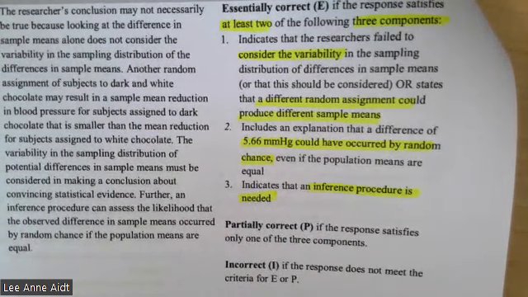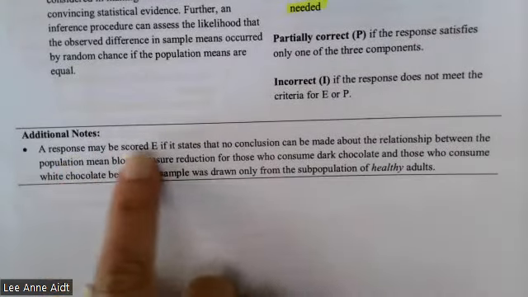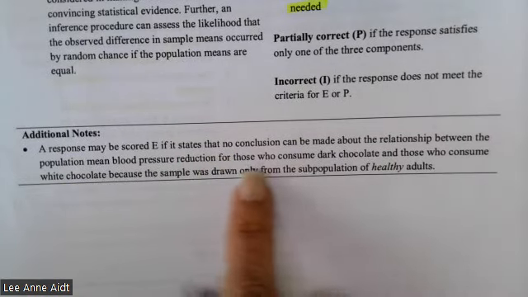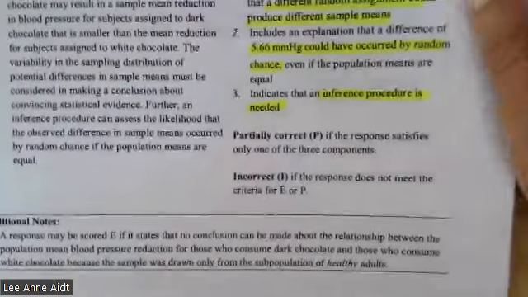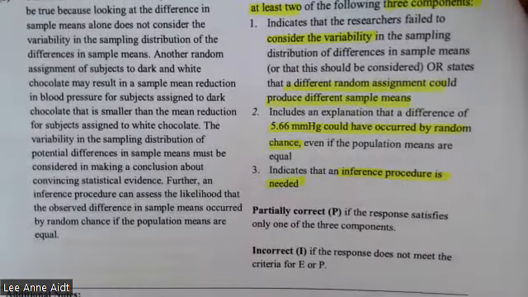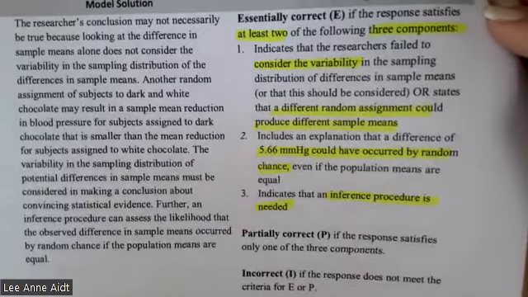Nope. It doesn't say anything about confounding variables at all. Even down here, it says no conclusion can be made. There's nothing about that, which I'm surprised about. I find that weird.